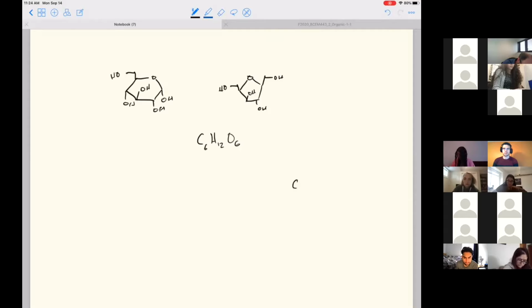A carbon with 4 bonds has a tetrahedral geometry, so it's shaped like a, I don't know how to draw this in 3 dimensions, like a cube, something like that.